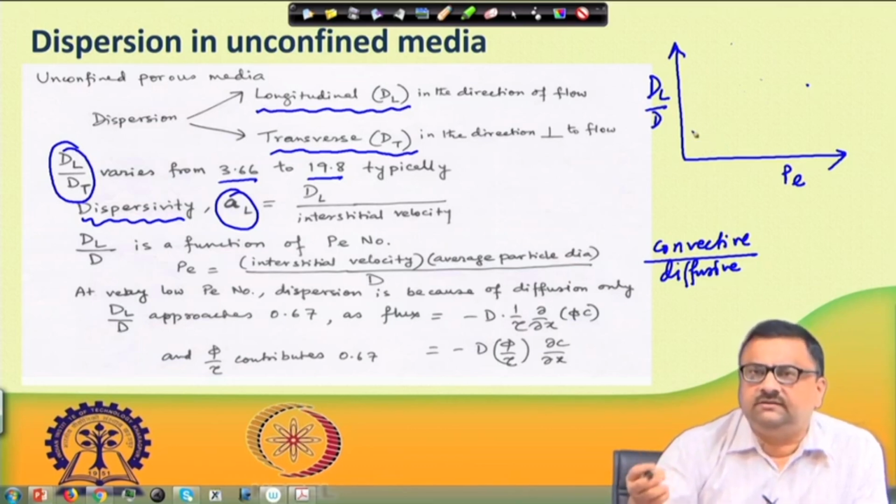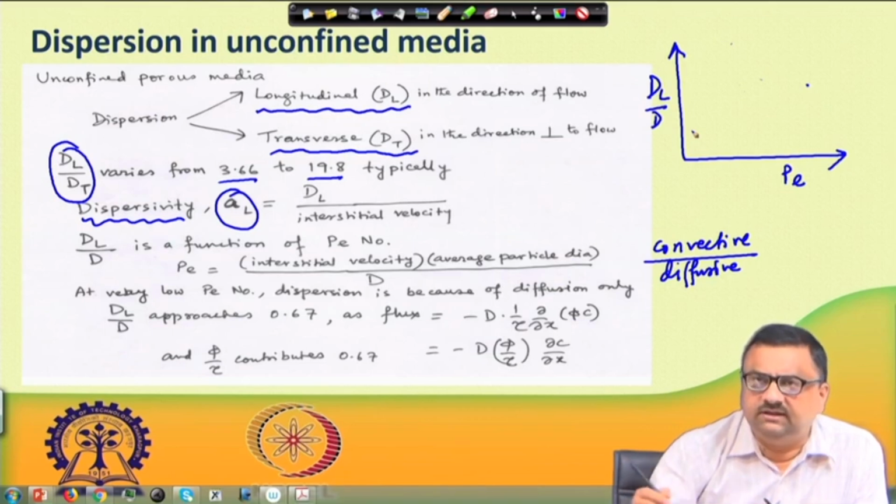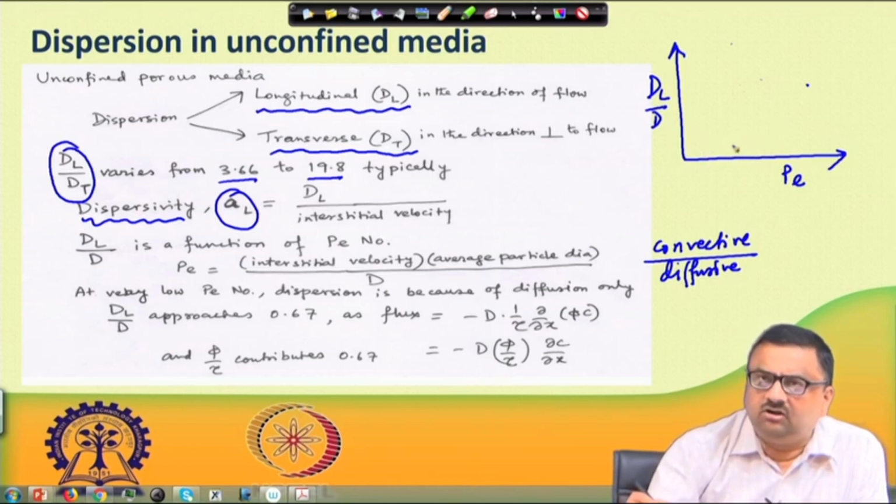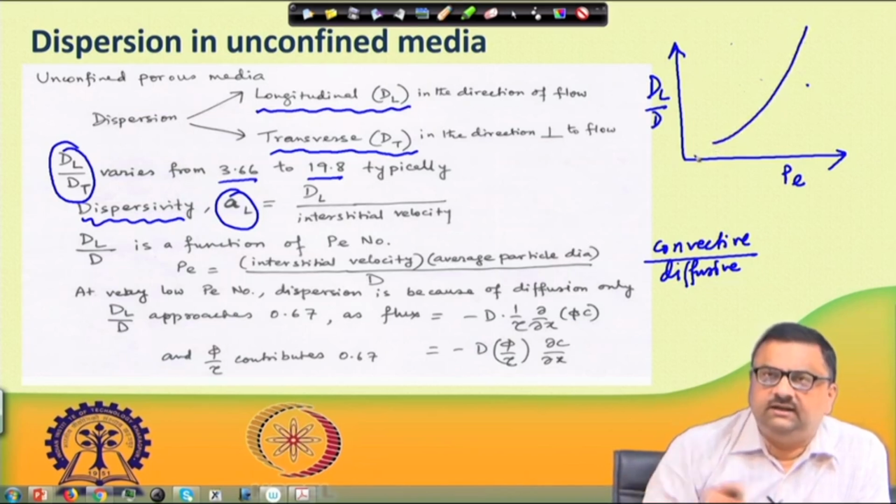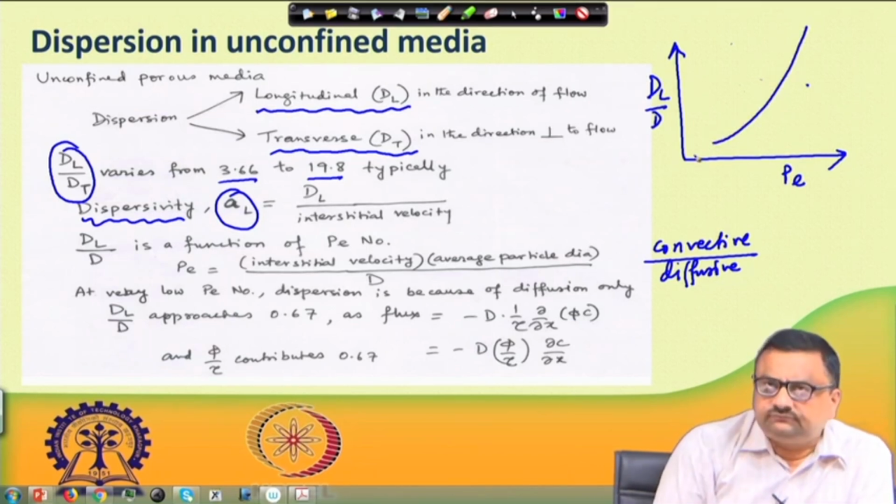They are different types of particles. They constructed porous media and they ran experiments, and after they did all these, they made a log plot, and they generated a curve something like this. So, this is DL by D as a function of Peclet number.